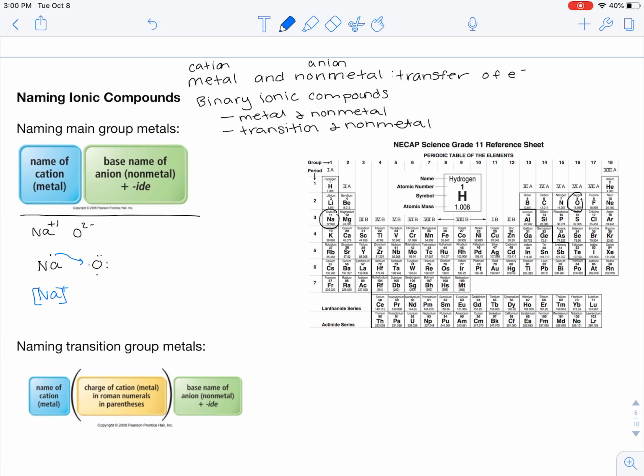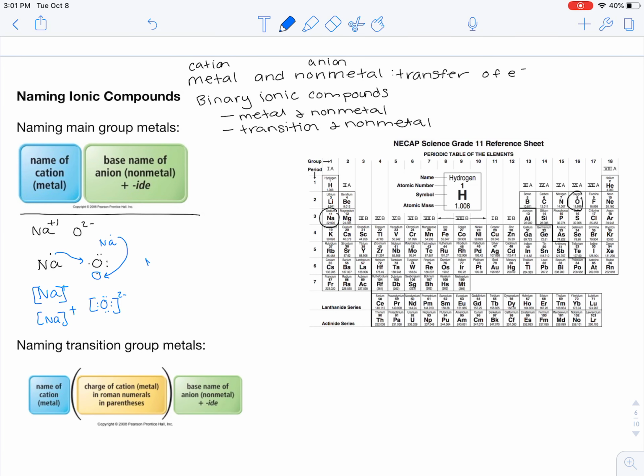However, I still need another sodium because I still have this missing electron. So therefore, I need another sodium to come in with its 1 valence electron and transfer. So then I have 2 sodium ions, and now I have an oxide ion because it gained the electrons, which means that I have Na2O.